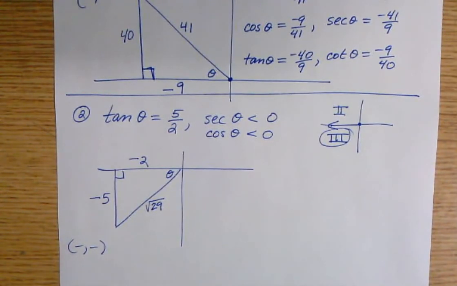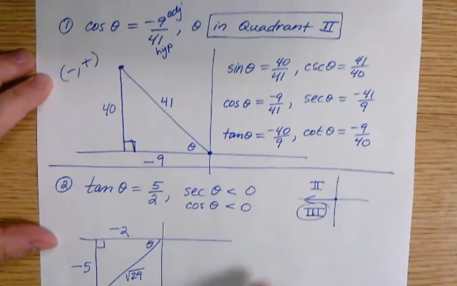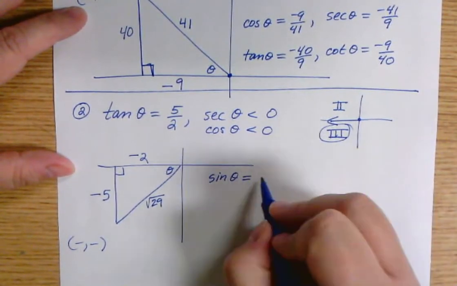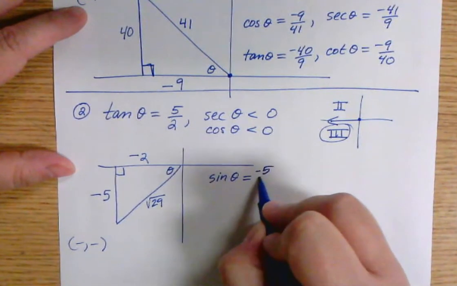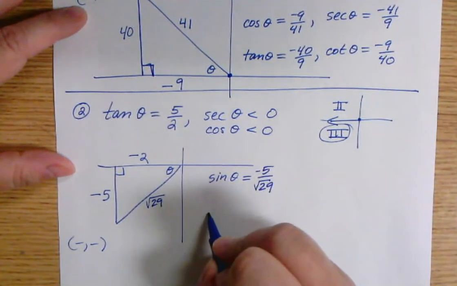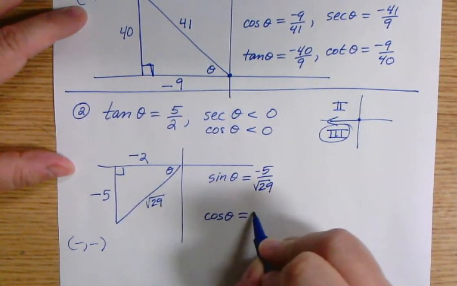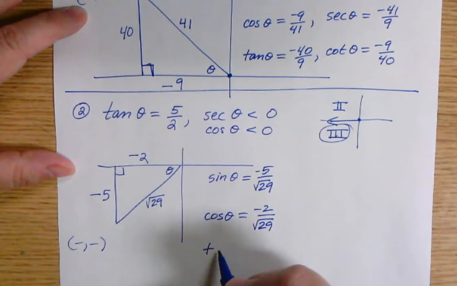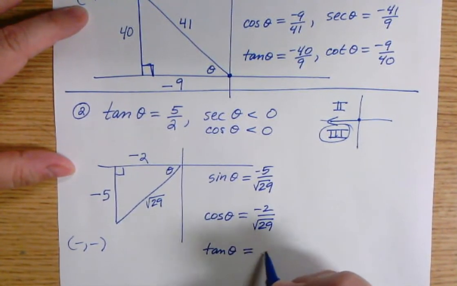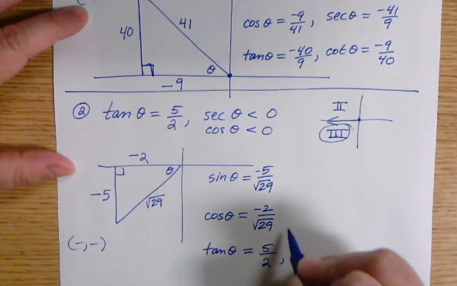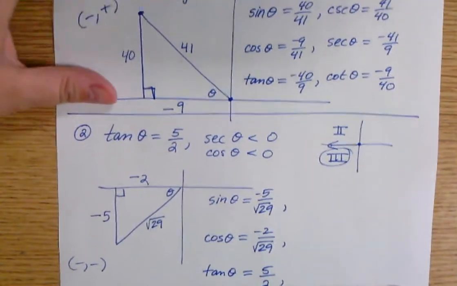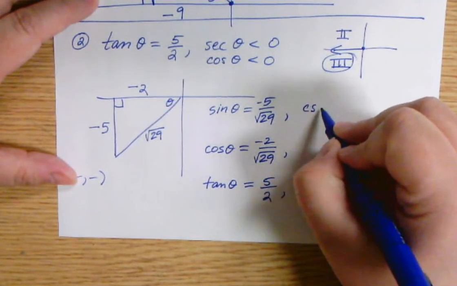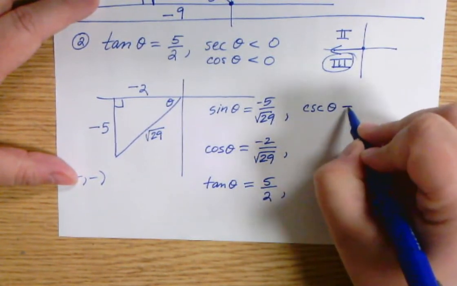And now I'm ready to do what I did here. Sine is opposite over hypotenuse. And this is another case where I'm going to have to rationalize. So I'm going to go ahead and do it without rationalizing first so that I can flip these for my reciprocals without having to rationalize twice. So in other words, this is cosecant. Oh, I shouldn't have put that comma there, should I?